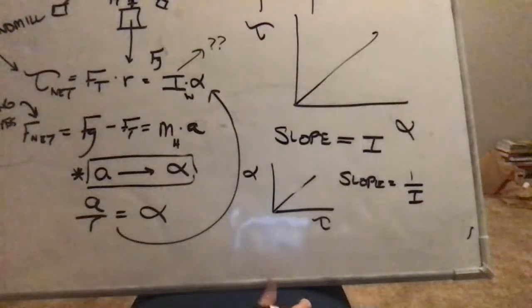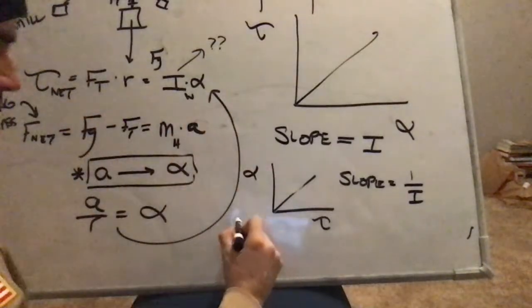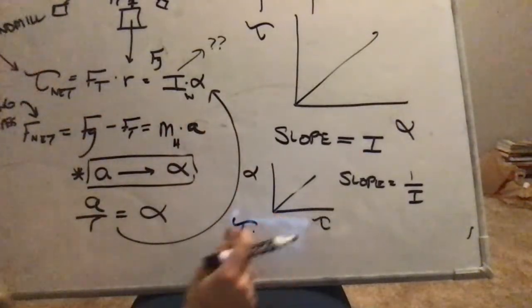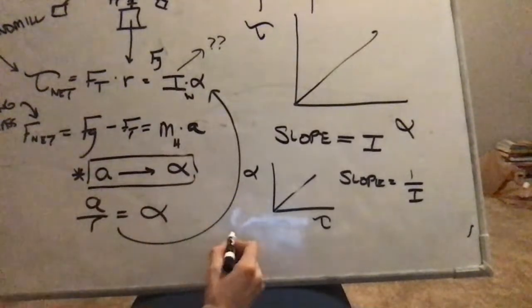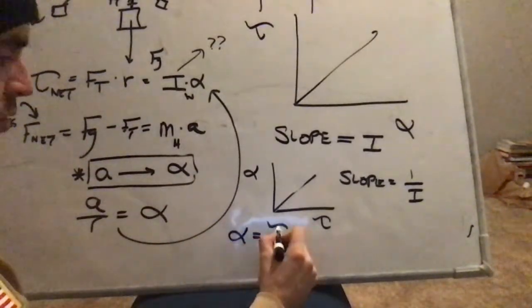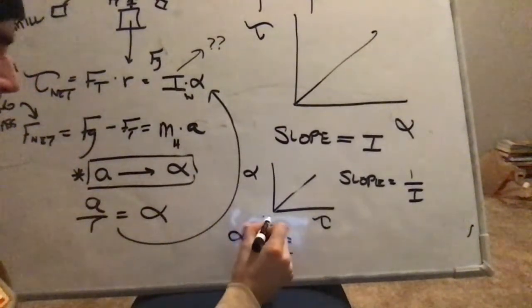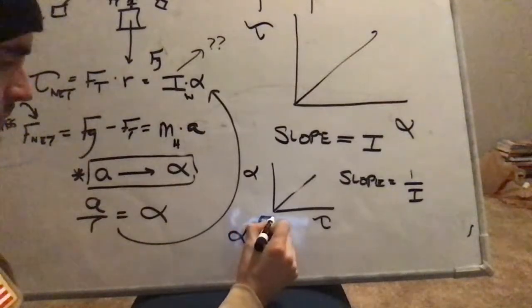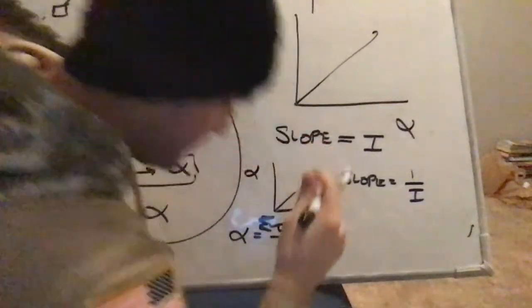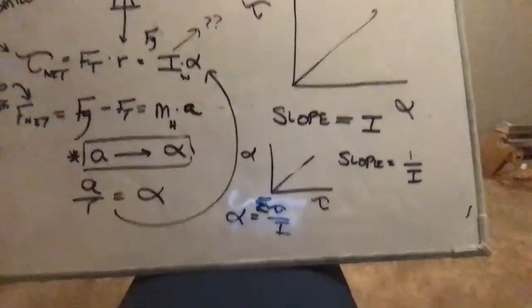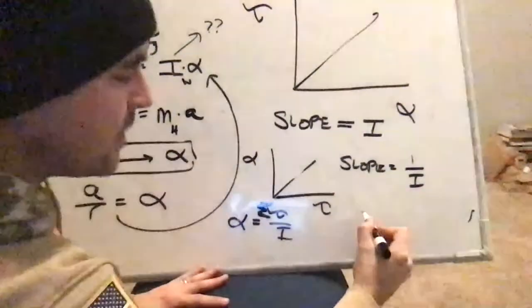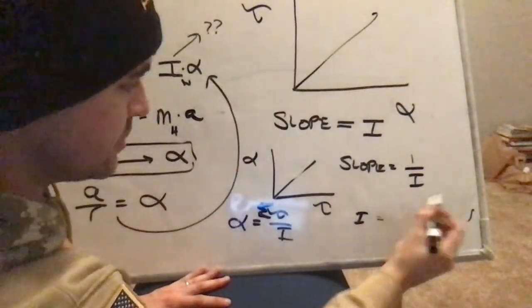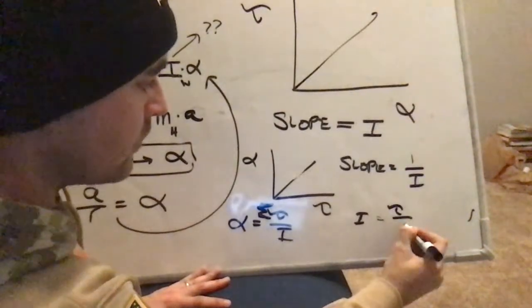How do I know? I know because my equation sheet says alpha is equal to torque over I. And I think it's got the sum, the sigma value. Okay? So when I do my algebra, I end up with I being equal to torque over alpha.